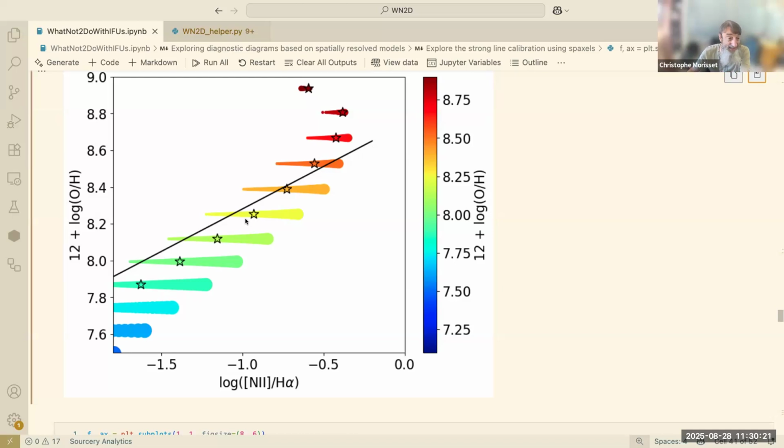It doesn't work. It cannot work by construction. N2 over H alpha is working because the global ionization of the H2 region is changing with metallicity, but not the local one. The local one is something local. That's the same issue as mixing meteorology and climatology.